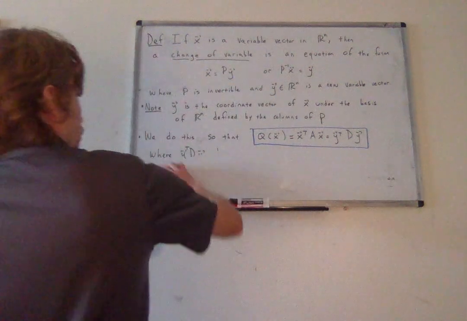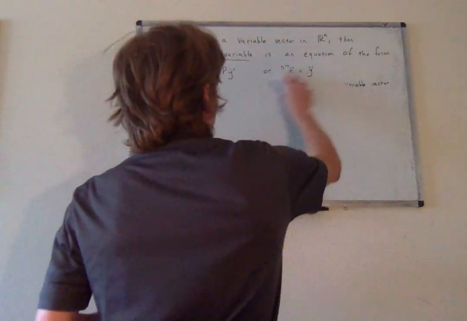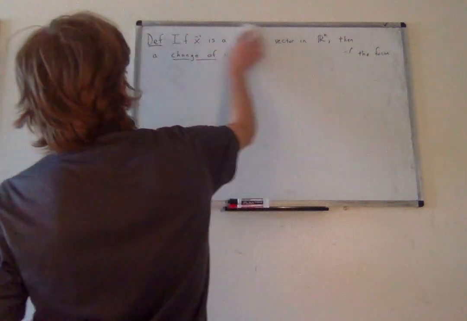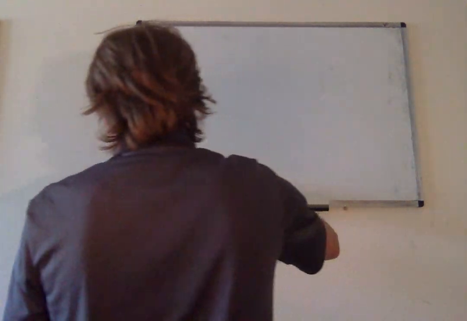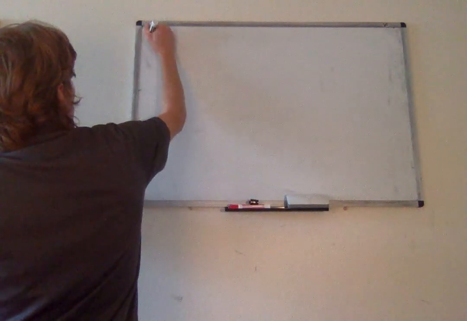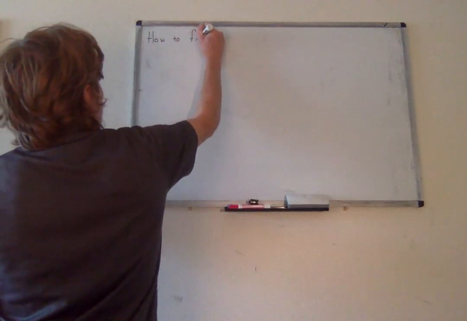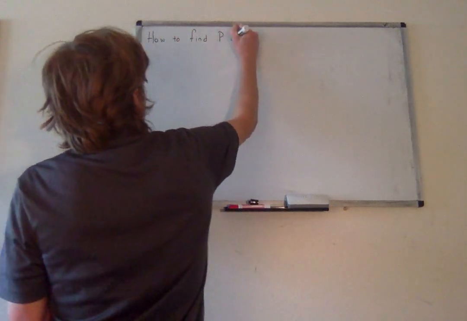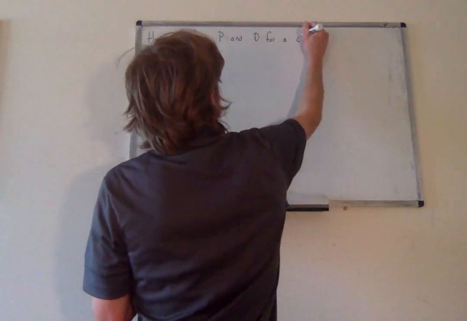Doing this is going to rely on the fact that A is a symmetric matrix, and that A, as a symmetric matrix, is orthogonally diagonalizable. So this is how to find P and D for a change of variable.